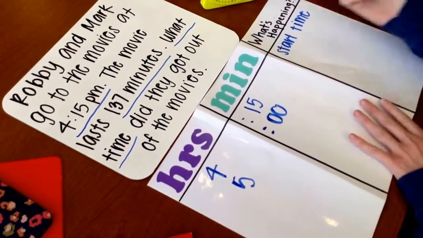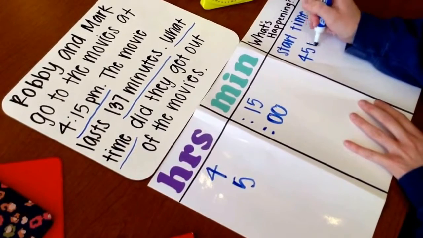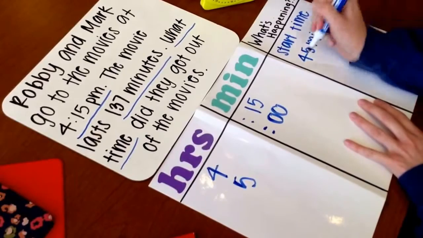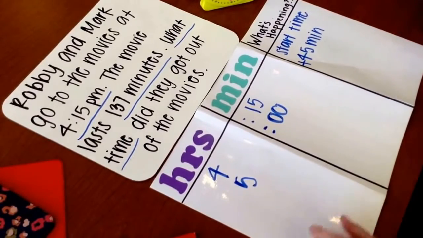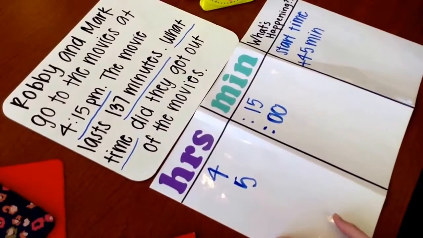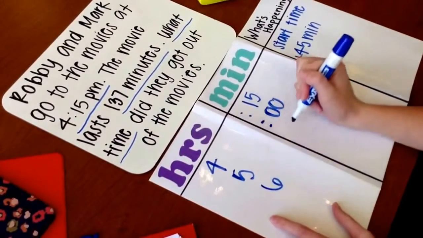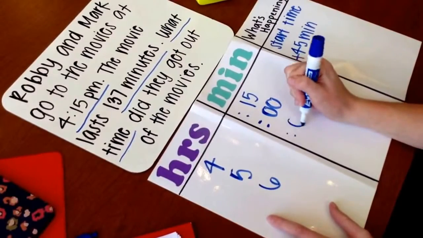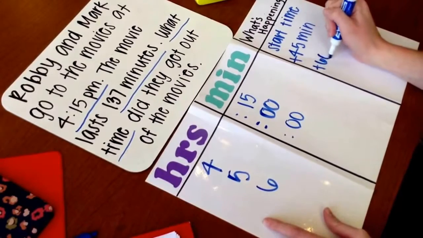And this is going to be 45 minutes added. Then we want to go to the next hour. This is going to be 6 o'clock. And we are adding 60 minutes.